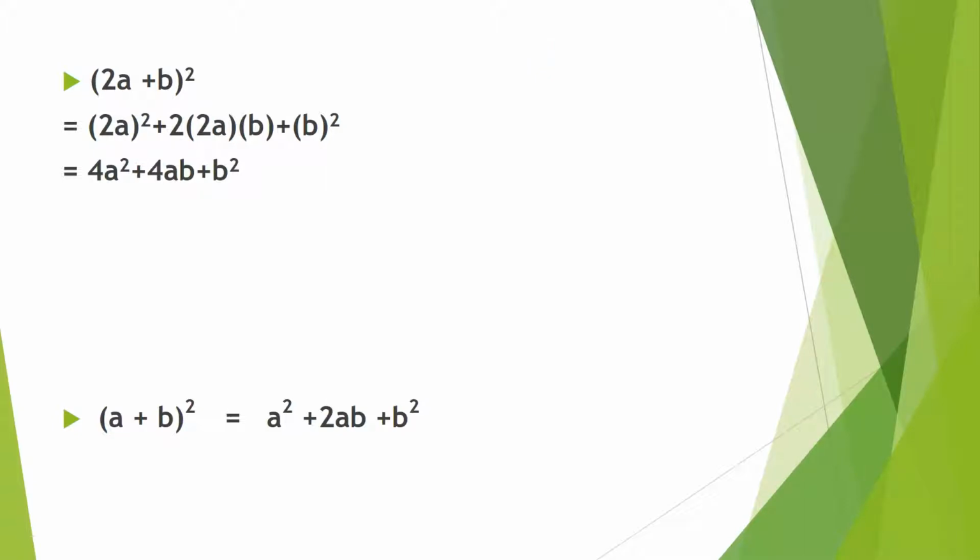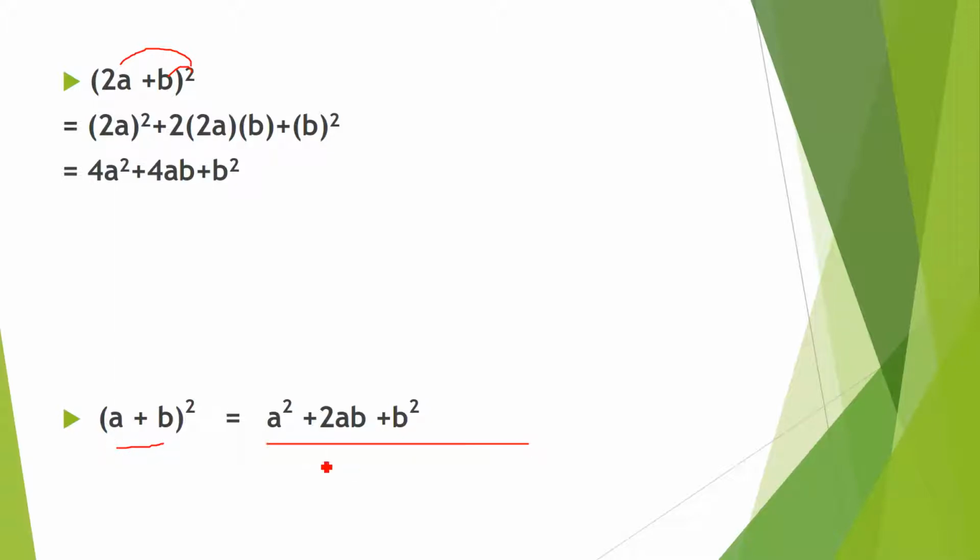First, our first question is (2a plus b) whole square. This square does not mean that it is only part of b square. It is a parenthesis and the square is on top of the parenthesis. It means this square belongs to both 2a and b, (2a plus b) whole square. And I have written this formula here, right? Same thing.